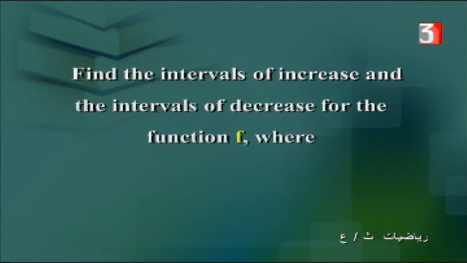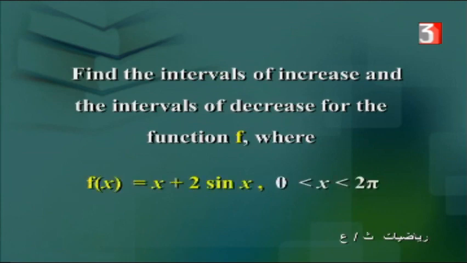Another example. Find the intervals of increase and the intervals of decrease for the function f, where f of x equals x plus 2 sine x, where x is bigger than 0 and smaller than 2 pi. Now we have a function that is the sum of two functions, x and 2 sine x.